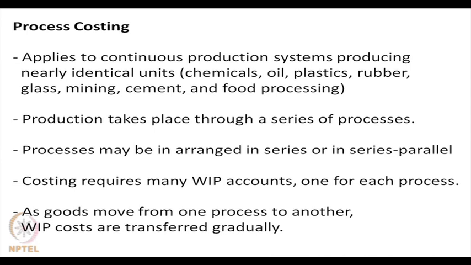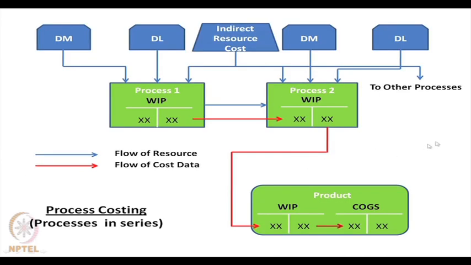Because of this sequential nature of processes, costing requires recognition of work in process accounts, one for each process. As goods move from one process to another, work in process costs are transferred gradually from one process to another.